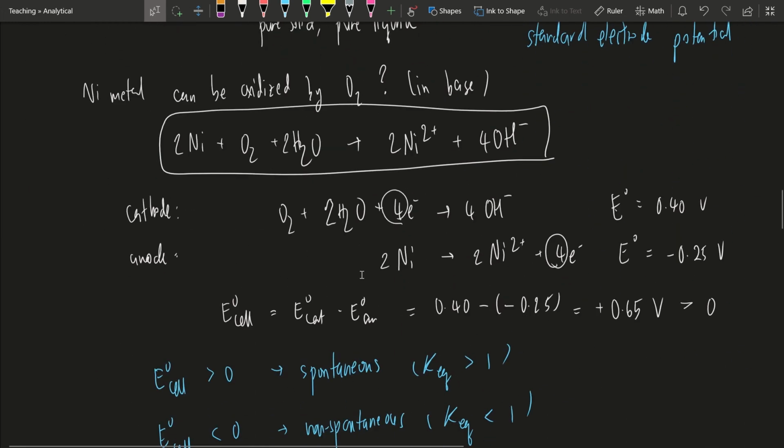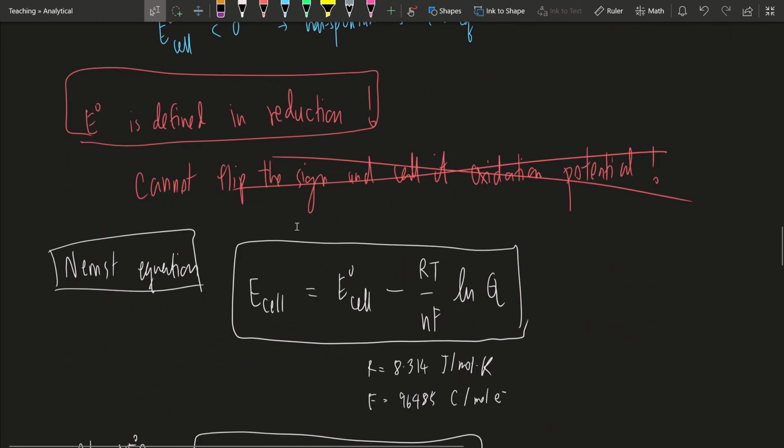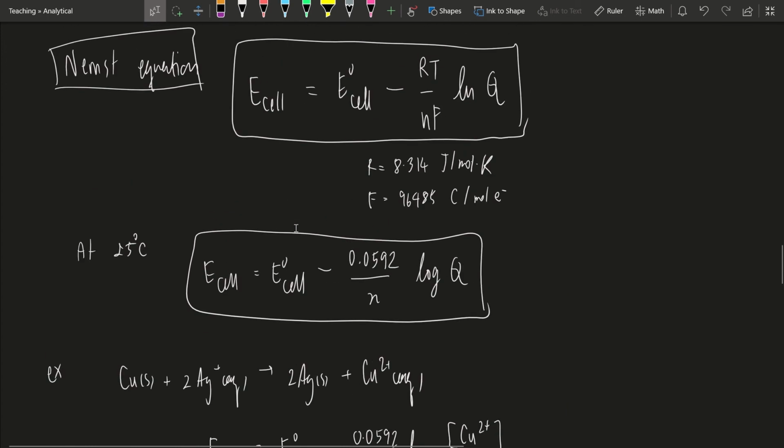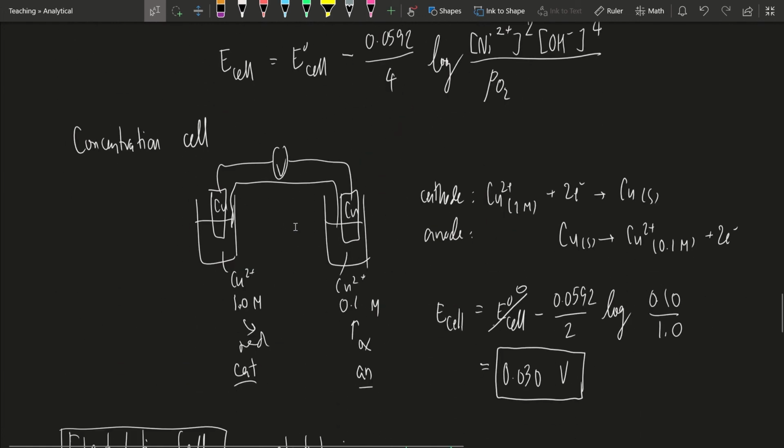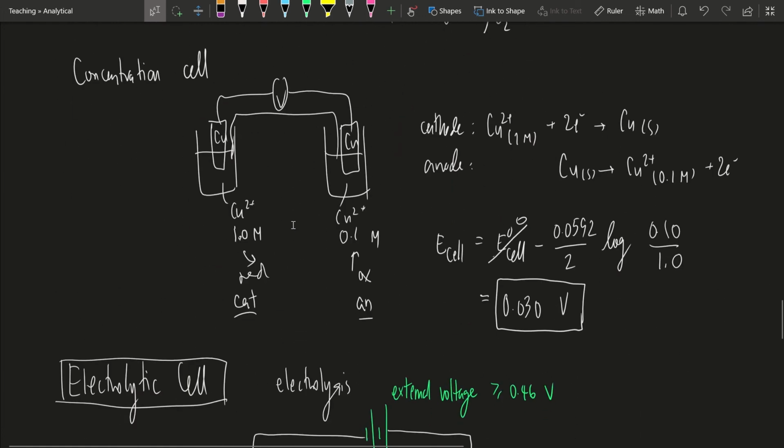And then we learned that we can use the electrode and cell potential to predict the spontaneity of the redox reaction, like the nickel and the oxygen in this basic condition. And we talked about the Nernst equation if we want to predict the cell and electrode potential out of the standard condition. And we used it to describe the concentration cell as well.